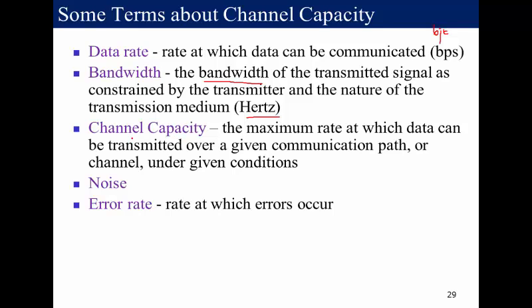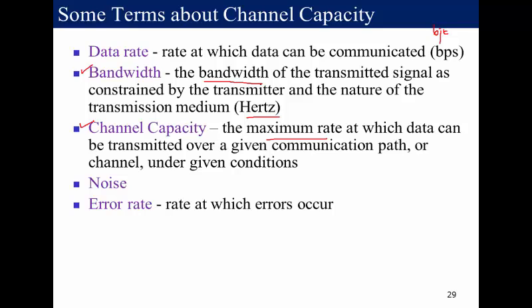And channel capacity is the maximum rate at which data can be transmitted. So depending upon the bandwidth, we have different channel capacity. This is a channel capacity. If we have a channel capacity, it doesn't mean that there are always possible data rates. Data rate is more of an experimental measurement. Channel capacity is a capacity.